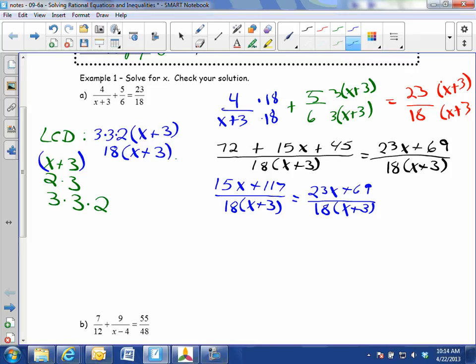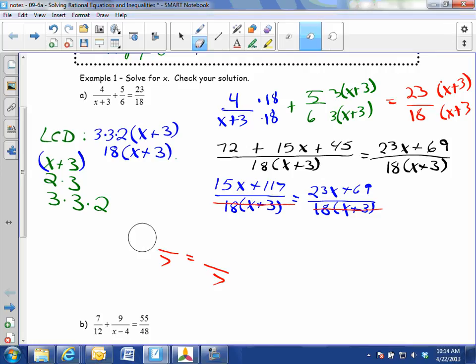Can we? Is that true? Yeah, because if I'm dividing by the same number on each side, they can just go away, so we don't really have to worry about the denominator at all. If I had 5 over 7 equals x over 7, x has to be 5, because that's the only way they're equal. Same thing happens here. If the denominators are the same, then the top has to be the same. So how would we solve for x?